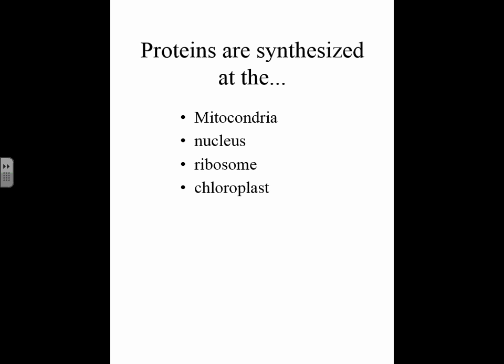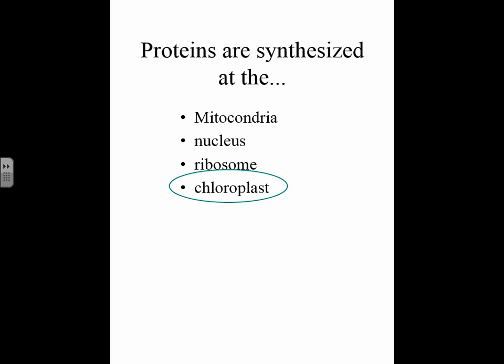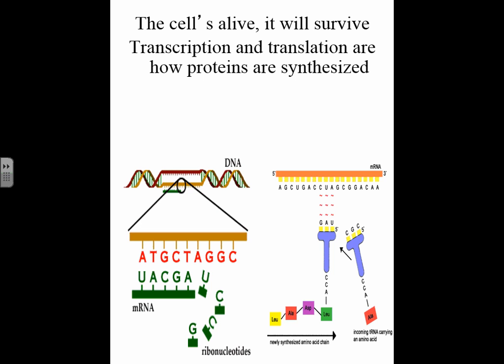Raise your hand if you say at the mitochondria, at the nucleus, at the ribosome, at the chloroplast. This is not right. That circle should be at ribosome. I don't know how it got there. Again, this should be ribosome, not chloroplast. I don't know how the circle got moved down.